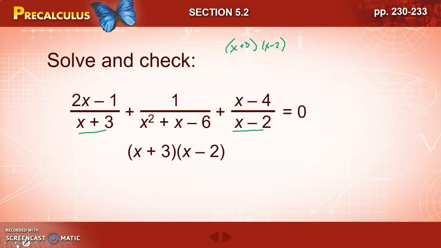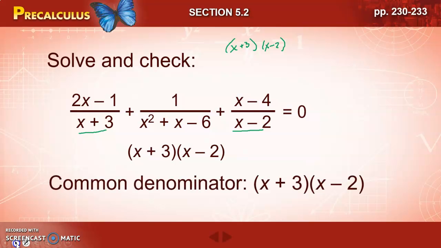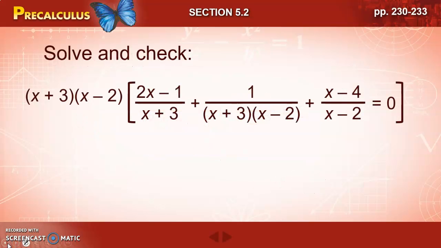So we're going to multiply each term, or both sides of the equation, by that lowest common denominator. On the left there, we'll put a bracket, and we're going to multiply each term, so we've got to distribute that to each term. When we multiply that by the first term, you'll see that our x plus 3's will cancel.